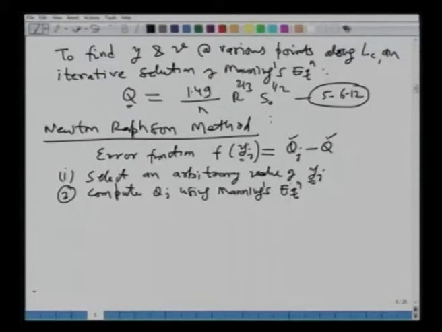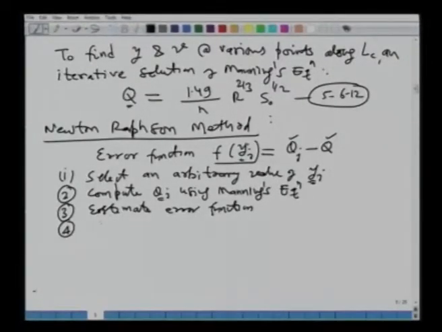Once we have calculated Qj, the third step would be to compute the error function. What is the error function? It is f of yj, which is nothing but the Qj you have just calculated minus the value of Q we already know from our overland flow. This gives you the difference, which is the error.